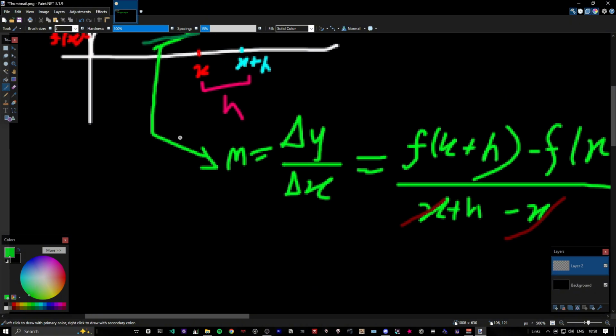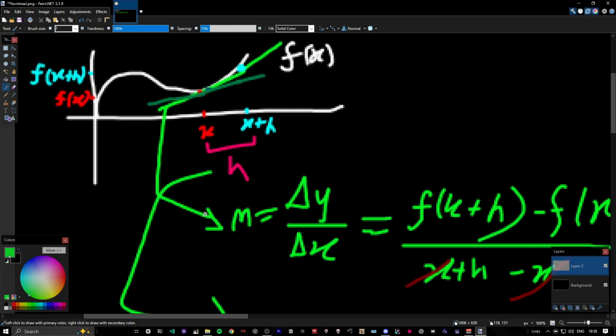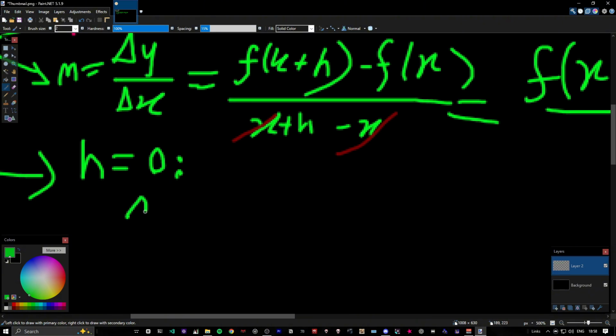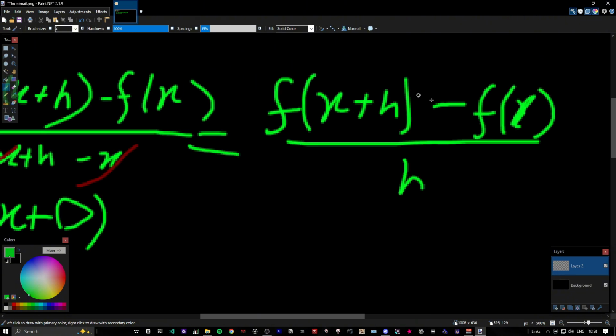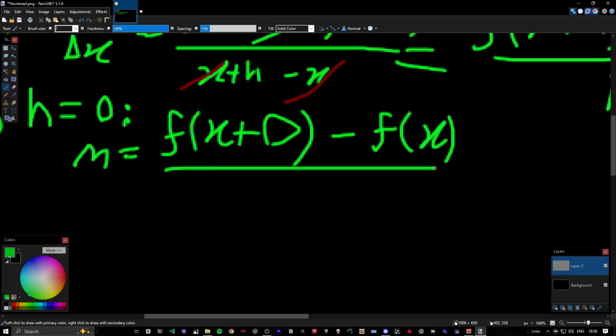Now, one question you might be asking is, what happens if we make h 0? Because we want it to be as close as possible. So here's what happens. This is why we can't do that. If h is 0, m equals f of x plus 0 minus f of x over 0.